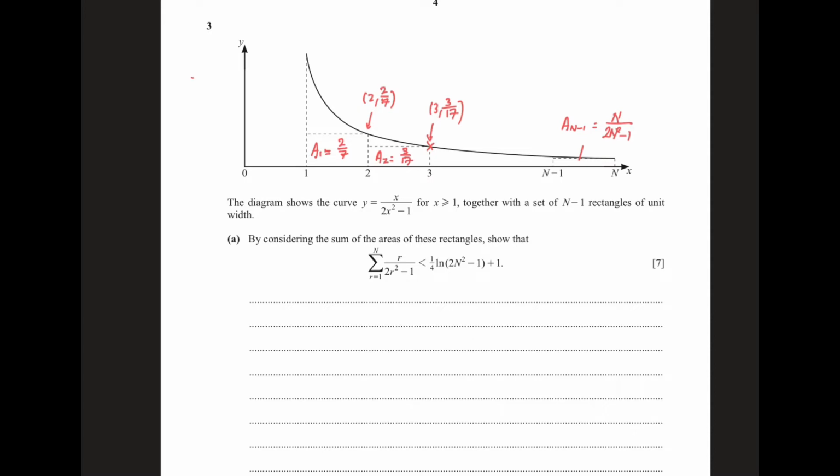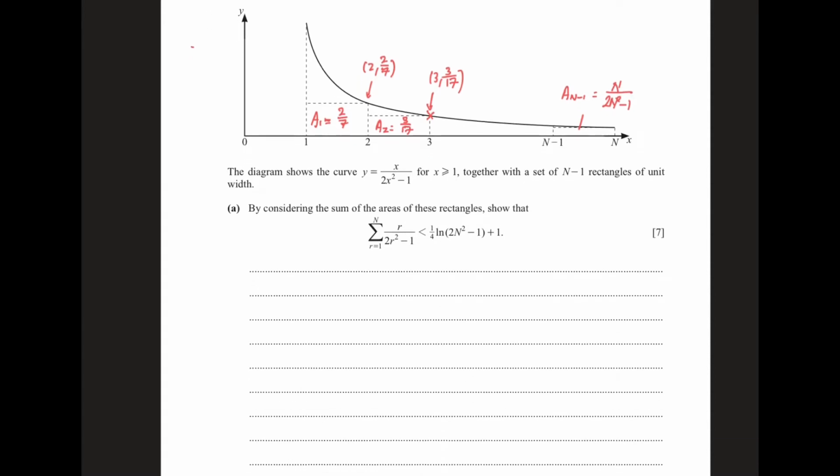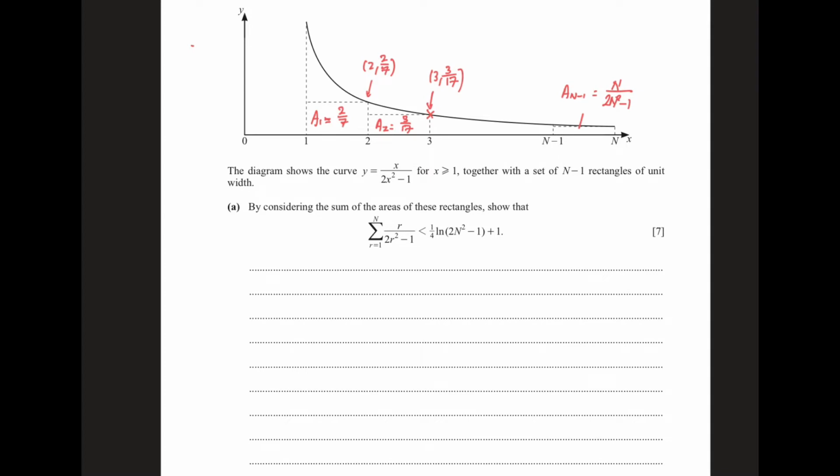Okay, so if I add up the areas, I will get a series which is 2 over 7 plus 3 over 17 plus so on until n over 2n squared minus 1. So these are the total areas shown in the diagram.